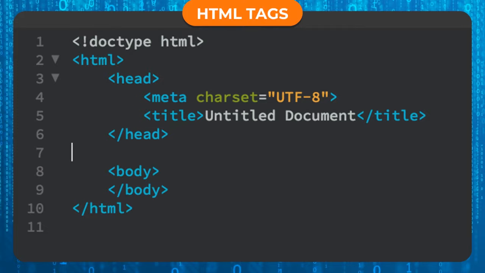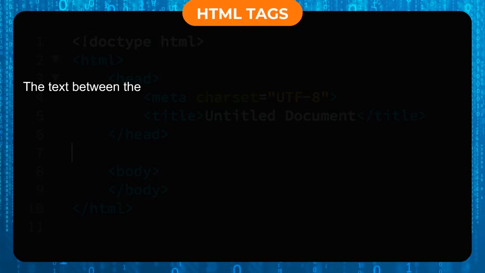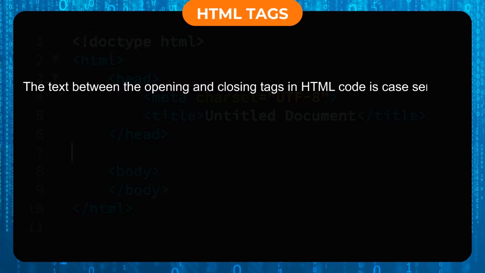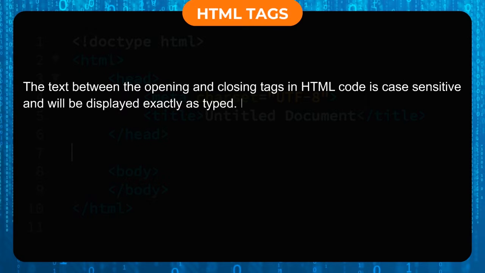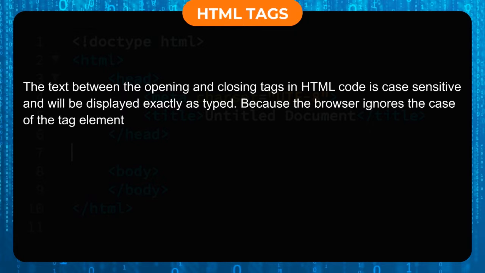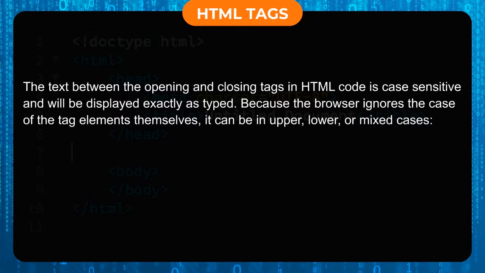The title tag determines what will be displayed in the browser title bar and is not visible in the web body of the document. The text between the opening and closing tags in HTML code is case sensitive and will be displayed exactly as typed. Because the browser ignores the case of the tag elements themselves, they can be in upper, lower, or mixed case.